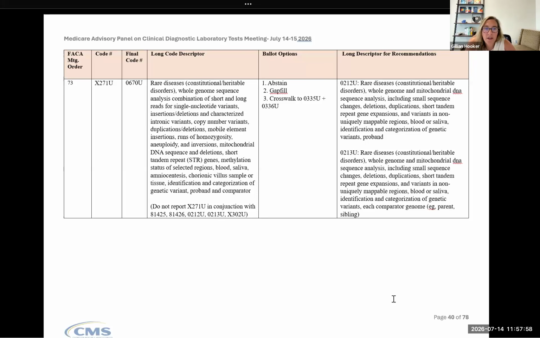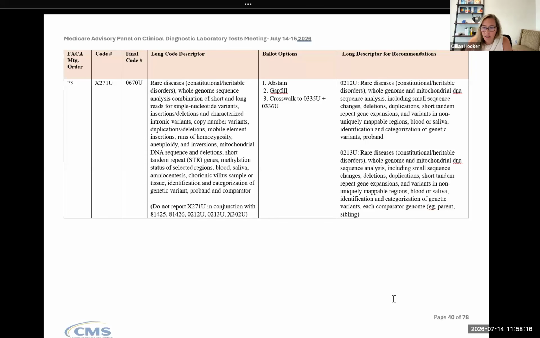As you said, this is a duo proband plus 1 comparator. The sponsors recommended crosswalk to the whole genome sequence analysis, code 0212U, and 1 unit of the proband code.